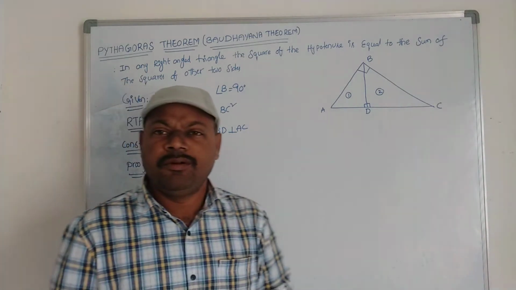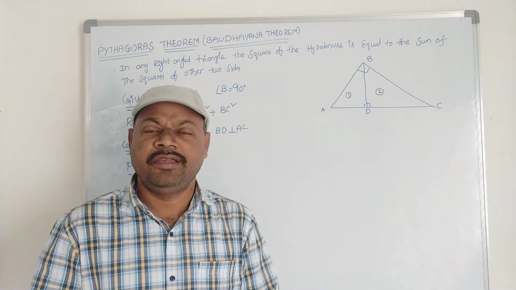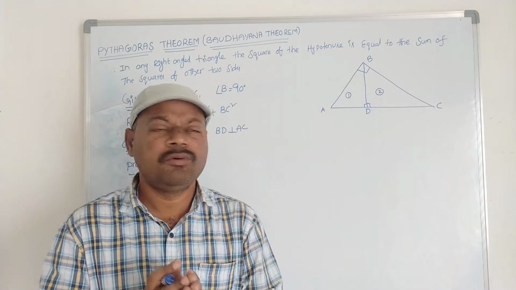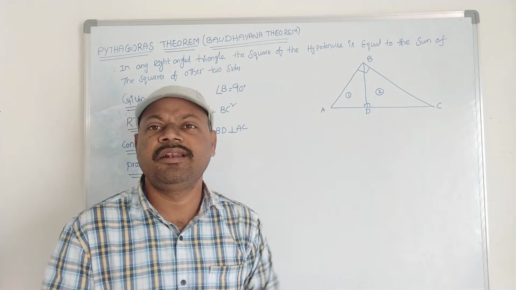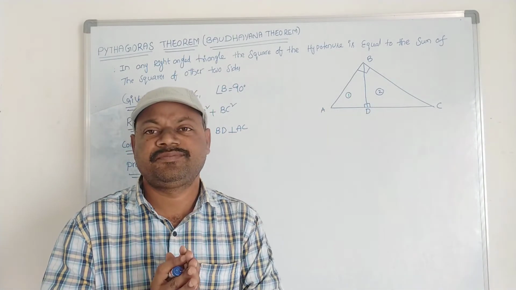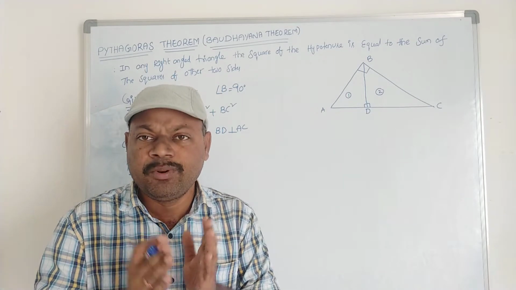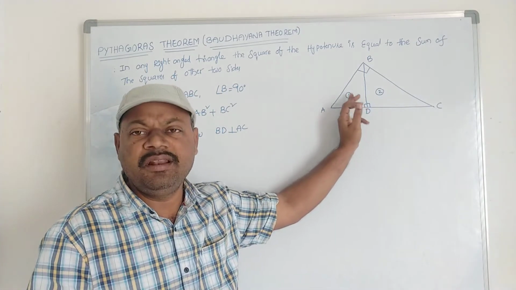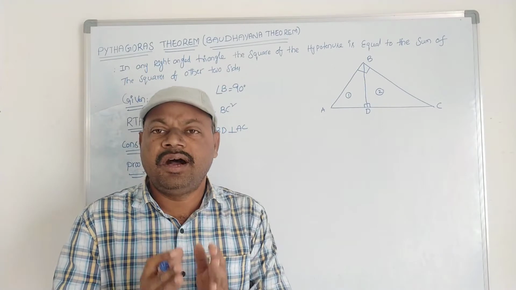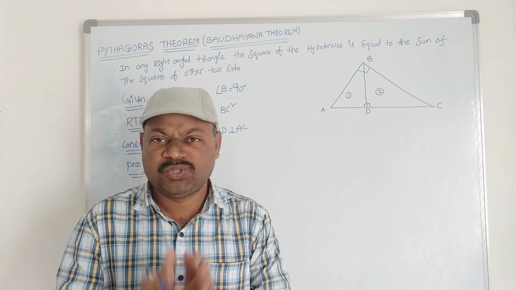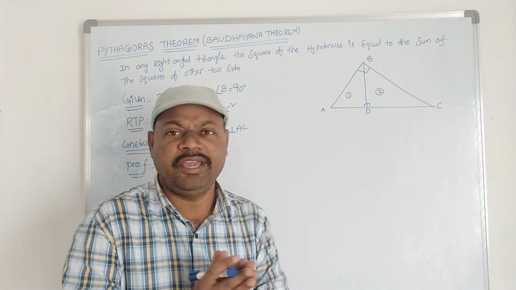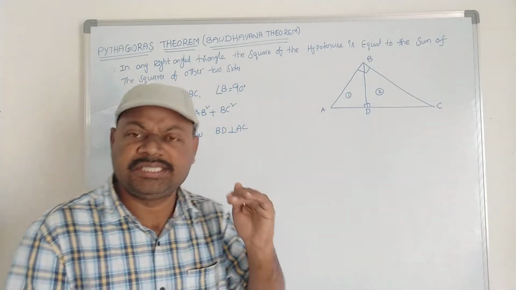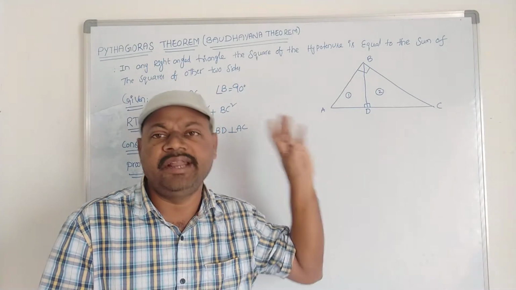So already we know the basic concept. First of all, we will prove that the first half triangle, that means the first right angle triangle, and the whole triangle are similar. So you will show the similar triangles. Now compare the first half triangle and the whole triangle ABC.